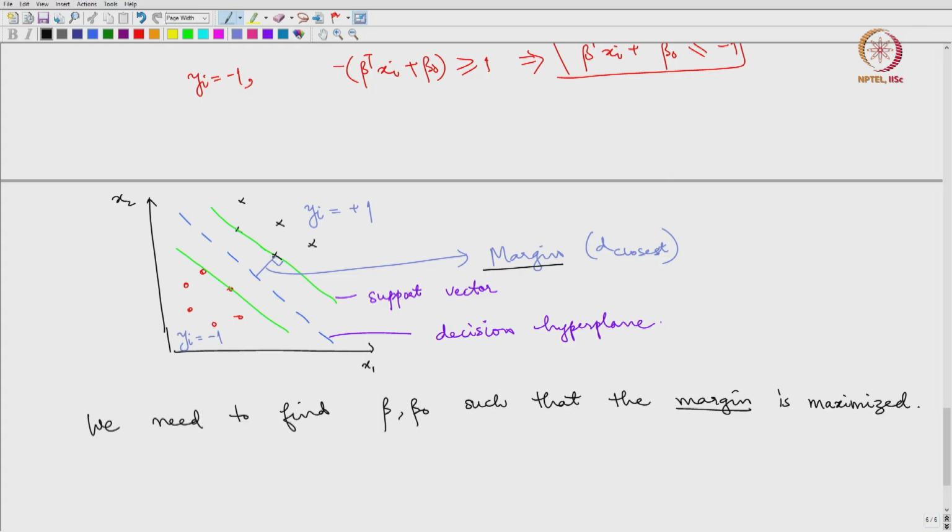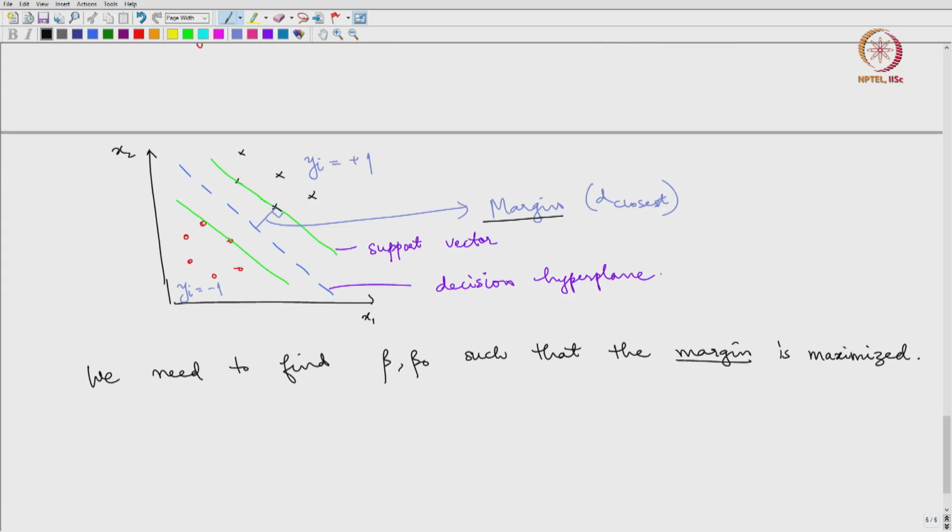So, we need to find the hyperplane, specified by beta and beta naught, such that the margin, which is the distance between the hyperplane and the support vector, is maximized. Okay. How that is done mathematically, we will discuss in the next class.